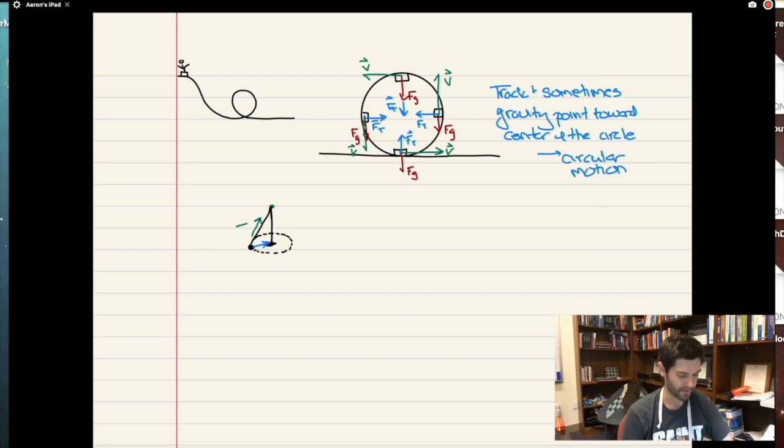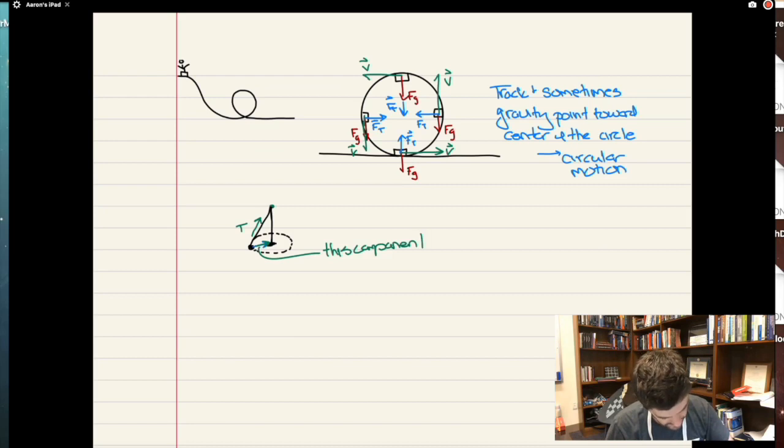Right? There's some tension that's pointing up away from the table. But there's some component of that tension that points in the plane of the table and is always pointing towards the center. It's this component, which again you could just find by SOHCAHTOA, that provides circular motion.